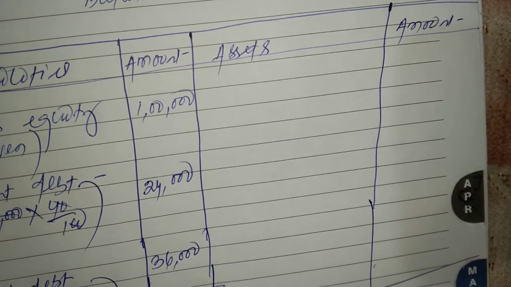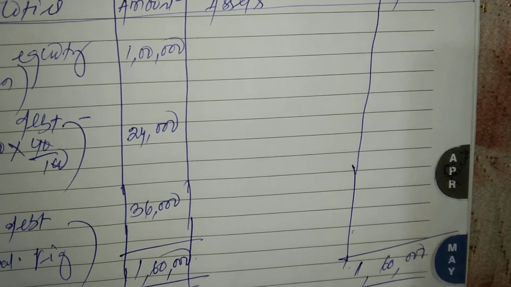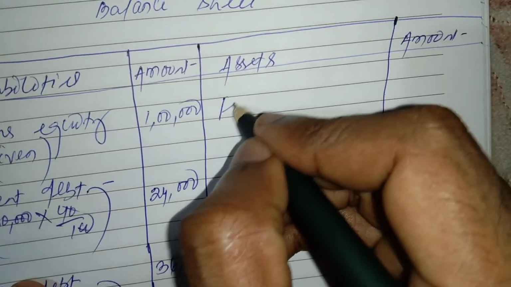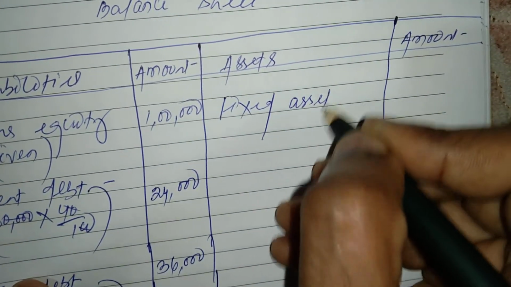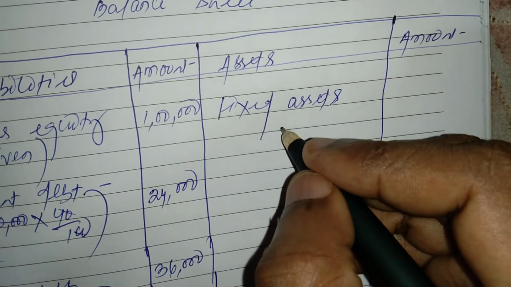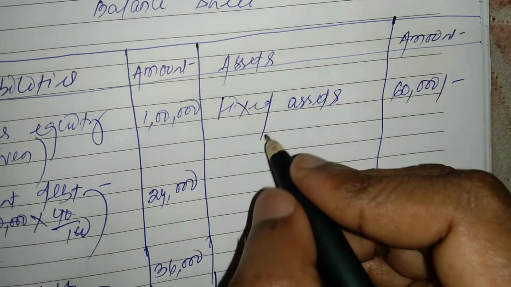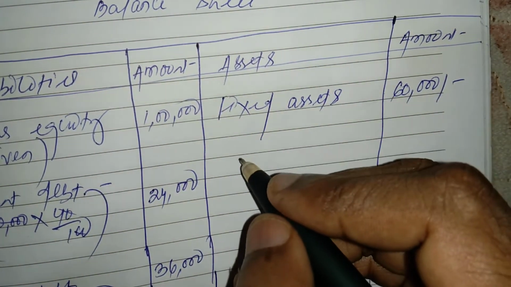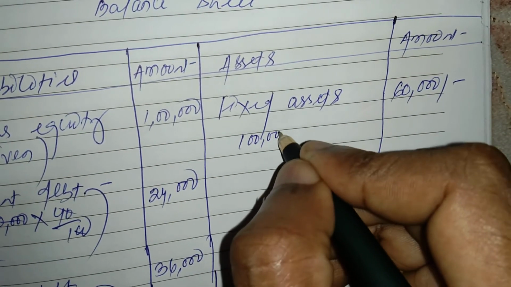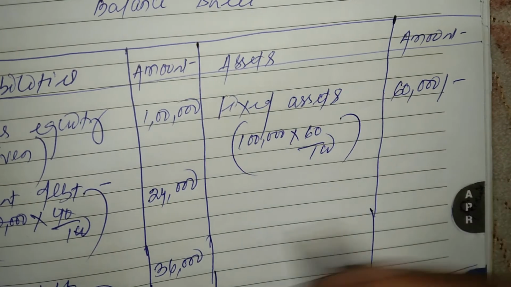Okay, asset 1 lakh 60,000. Fixed asset 60,000. We have got 60,000 for fixed asset. That is 1 lakh into 60 by 100.